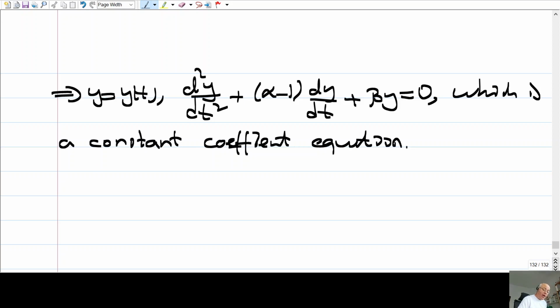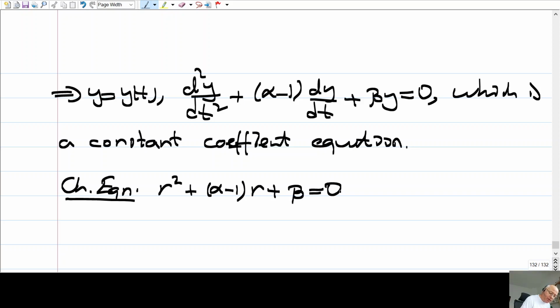How can we solve this equation? We write its characteristic equation, and what is that? It is r squared plus (alpha minus 1) times r plus beta equals 0. And depending on the type of roots we have different kinds of solutions.